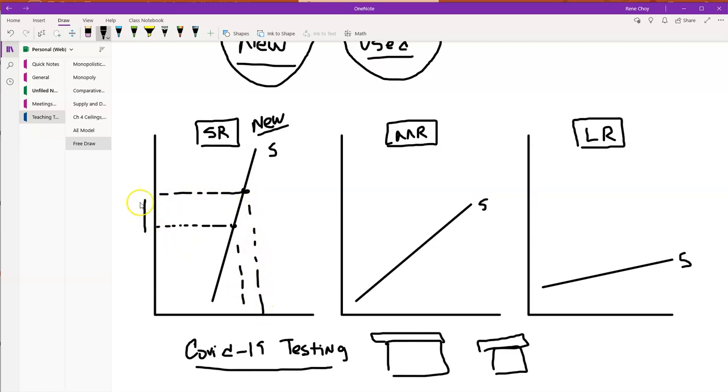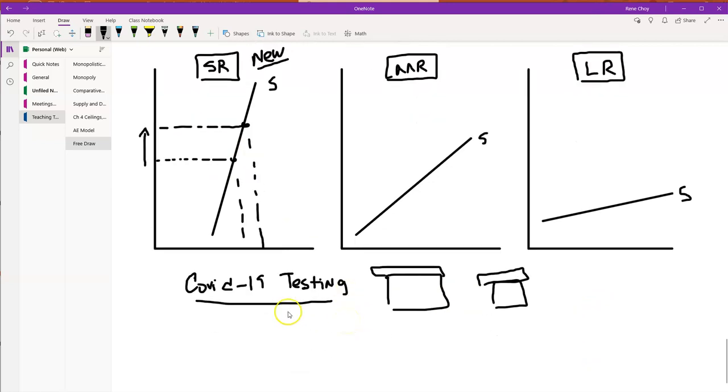And by the way, before we were even having this problem with COVID-19 testing, I want you to think about face masks. One of the items that was in high demand during this particular time is the N95 face mask. N95 face masks before COVID-19 used to sell for something like 7 cents each.